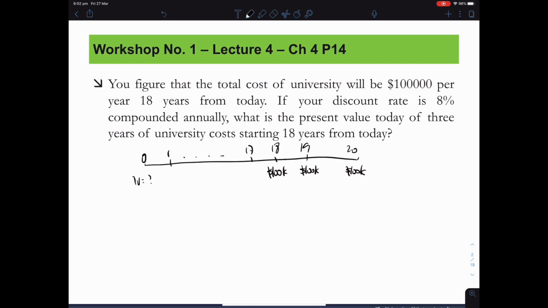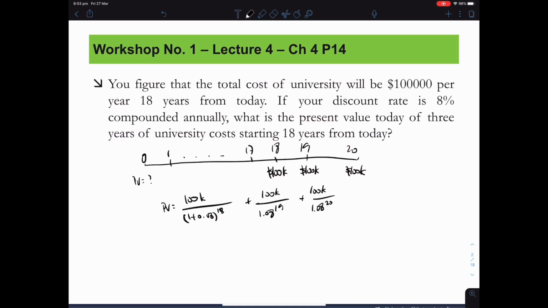There are 2 ways to go about it. First of all, you can simply calculate the present value as the sum of the discounted cash flows. 100K, just short notation, divided by 1 plus 0.08 power to how many years? 18, plus 100K divided by 1.08 power to 19, because that's 19 years from today, plus the last cash flow in year 20, 1.08 power 20, right?